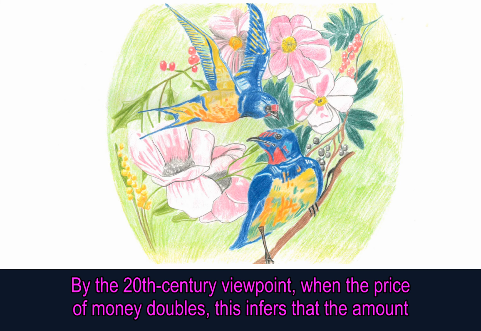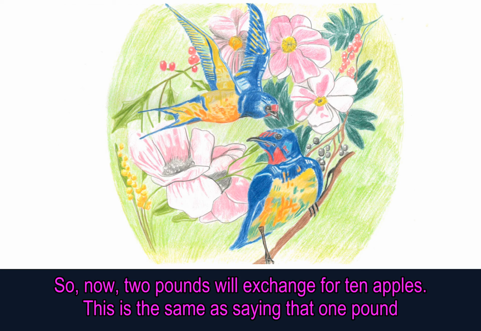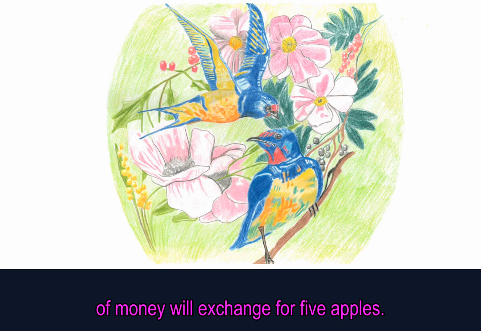By the 20th century viewpoint, when the price of money doubles, this infers that the amount of money required doubles. Money doubles. So now £2 will exchange for 10 apples. This is the same as saying that £1 of money will exchange for 5 apples.